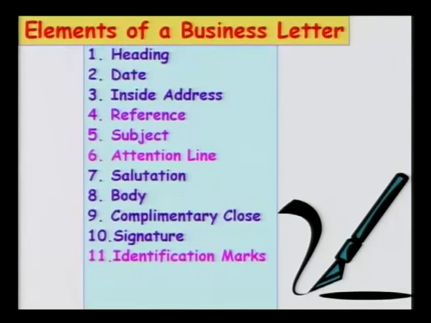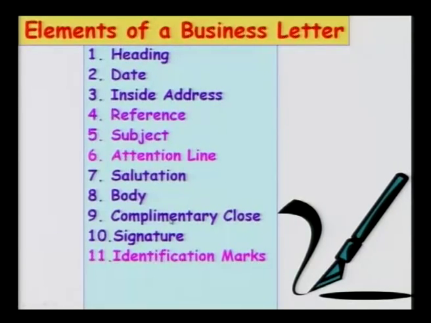Now, if you look at it, I have put some of them in a slightly different ink to show that these are the optional elements, whereas the dark ones, heading, date, inside address, salutation, body, complimentary clause, signature, are the most important elements.